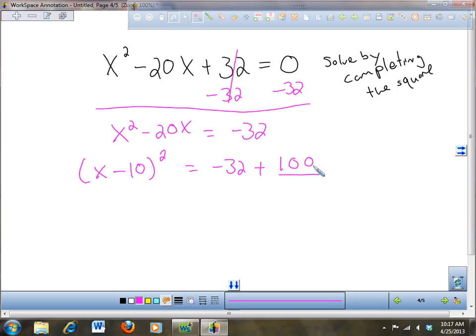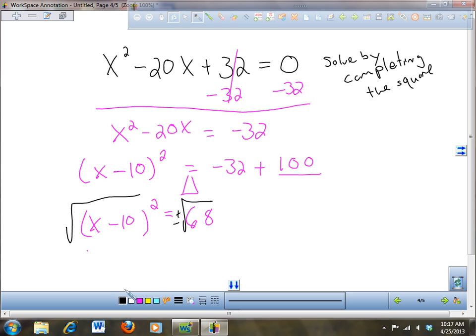In order to keep my equation in balance, on the scale, I have to add 100 to this side. Now I simplify. (x − 10) squared equals 68. And then I take the square root of both sides, not forgetting that I need a plus or minus sign.